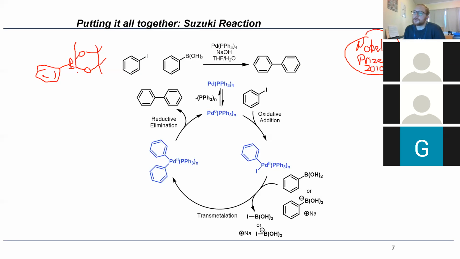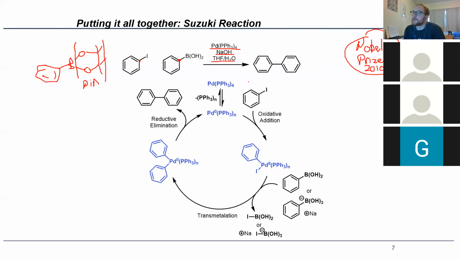This group here is typically abbreviated as PIN for pinacolato, so this is a B-PIN ester. The Suzuki reaction uses a palladium(0) catalyst normally and a base of some sort. Typically it's a hydroxide base, but it can be others, and it can be run in ethereal or aqueous solvents. It gives the cross-coupled product, wherein we're forming a bond between this carbon and this carbon.